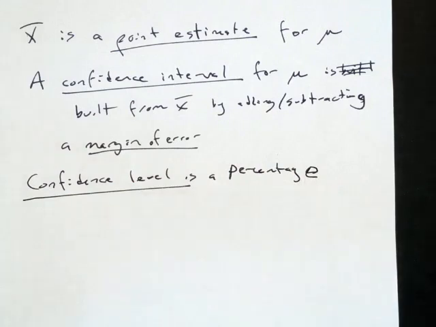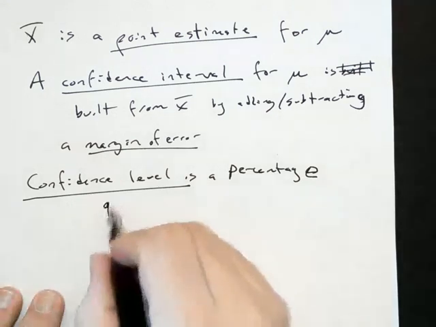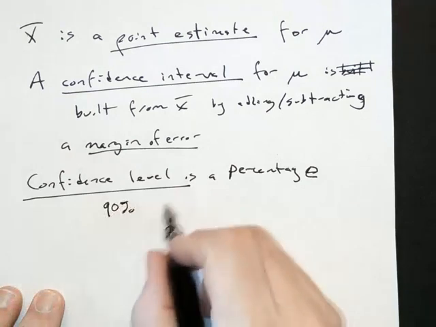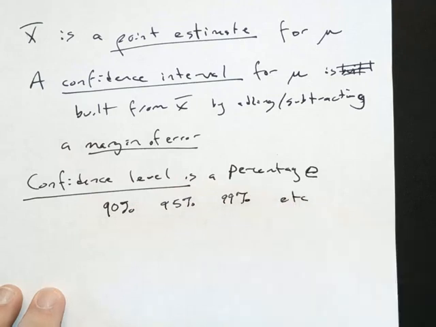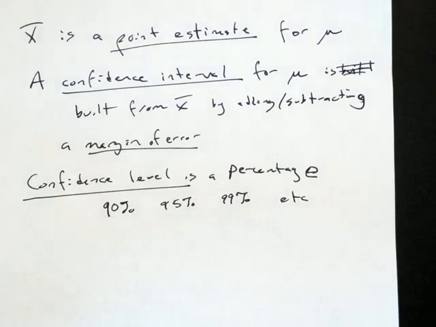So I'm going to say, how confident do you want to be that the population average is in your interval? Most of the time, I'm going to use those numbers. Occasionally, I might use something a little lower.